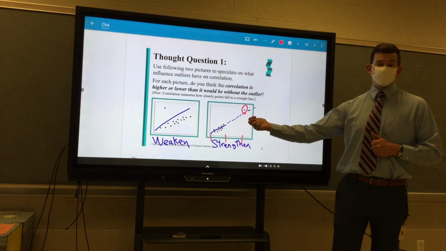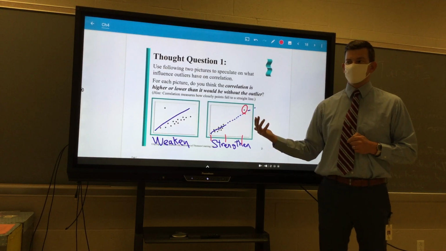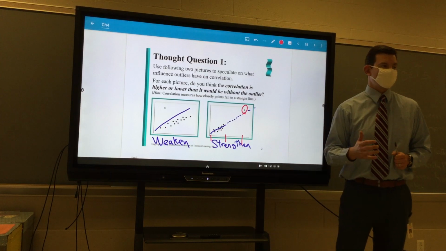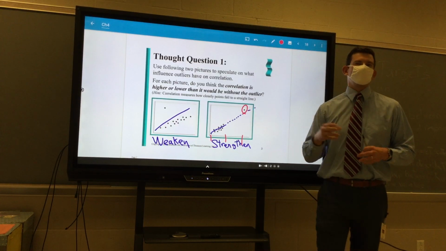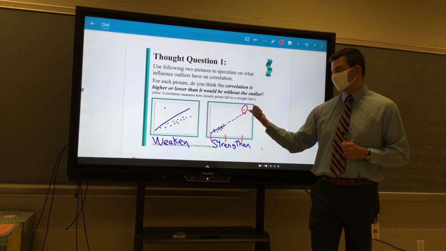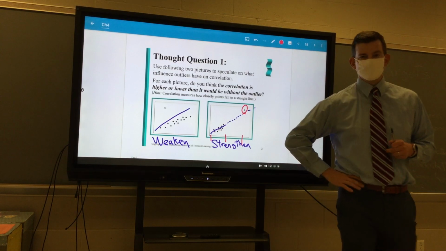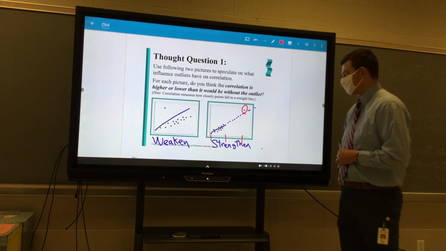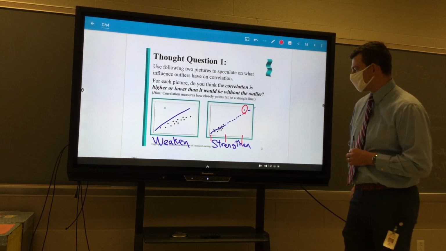So if it's a good outlier and it's actually helping us and strengthening the correlation, well, you have to be careful about that too. If this were an illegitimate point that just somehow happened to strengthen your correlation, and there's a reason that you should be excluding that, well then that's an ethical violation and you really need to dismiss it. We'll talk about those ethics a little bit later on.